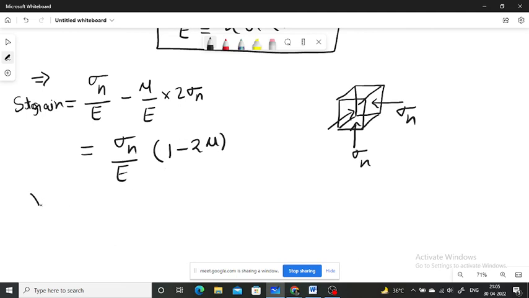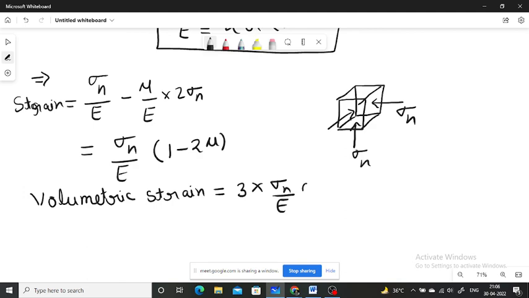Now the volumetric strain, because the stresses are acting on each face from each direction, will be equal to 3 times the linear strain, which is sigma n upon E into 1 minus 2 mu.